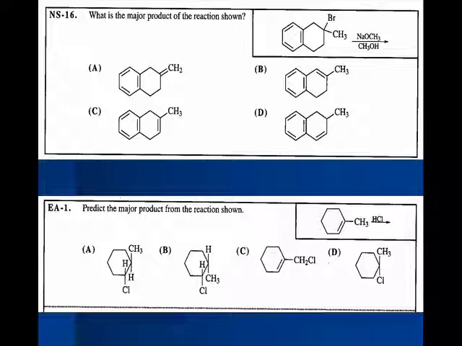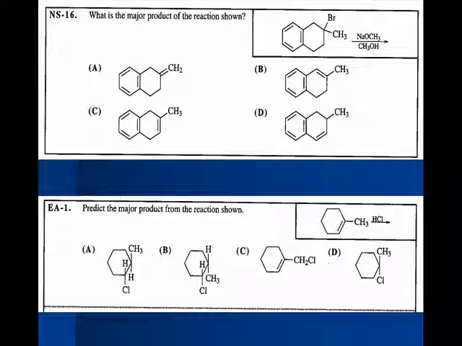What is the major product of this reaction? Whose rule should we be focusing on here? Zaitsev's rule, right? So if we're focusing on Zaitsev's rule, which two would you eliminate?